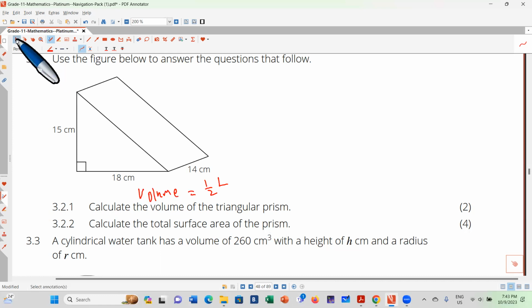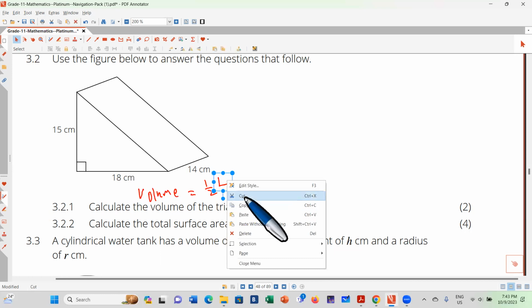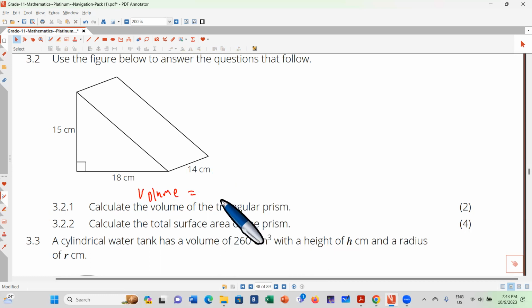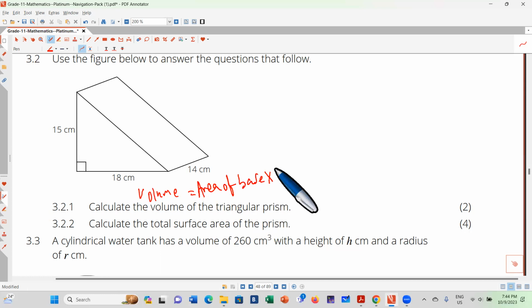Generally, to find the volume of a prism, let me give the general formula here. To find the volume of a prism in mathematics, we always say area of base multiplied by the perpendicular height.